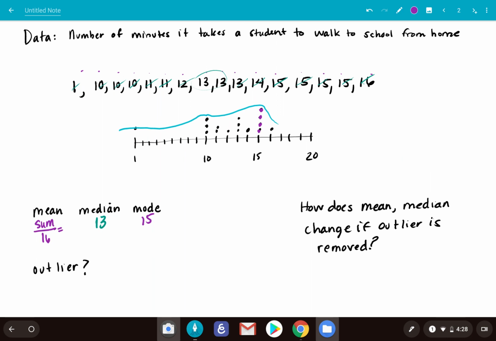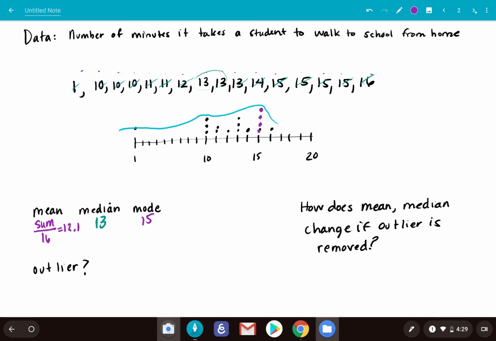And then you've got 11 plus 11. 12 plus 13 plus 13 plus 13. Plus 14, plus 15, plus 15, plus 15, plus 15, and then you have plus 16. And you have to divide that by 16, which is the number of students. So our mean is 12.1.